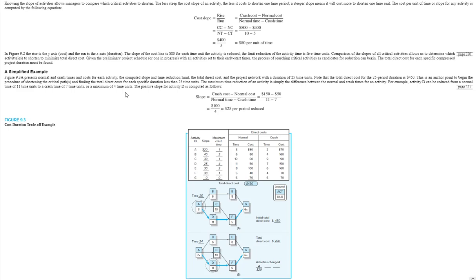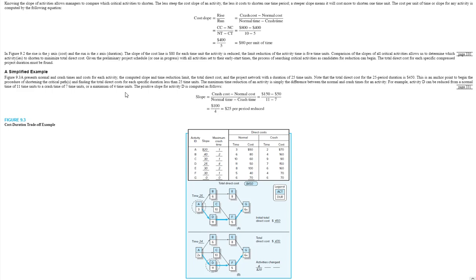For example, if you look at figure 9.3, you have the normal cost of getting the job done and the crash cost, how much it costs total and how many units of time it takes. And the reason that this is given is so you could calculate the slope, which is an indicator of bang for the buck.